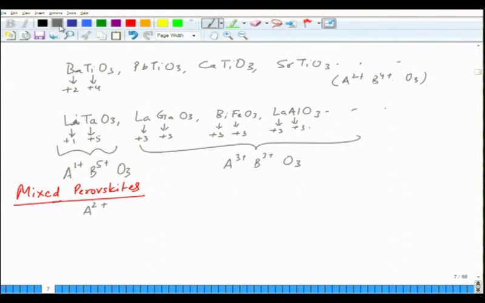So mixed perovskites will be A2+, B1 with 1/3 of 2+, and B2 with 2/3 of 5+, O3. For example, you have lead magnesium niobate.